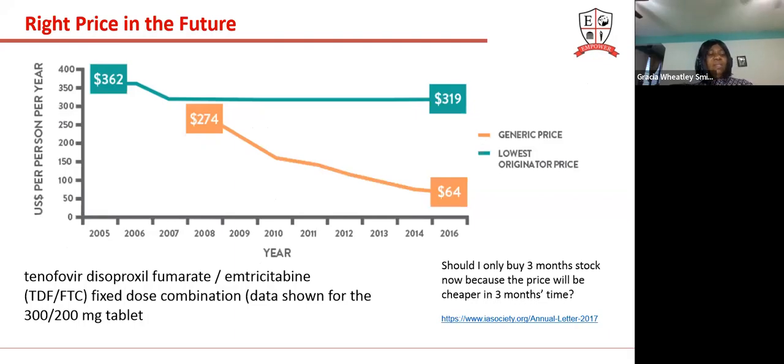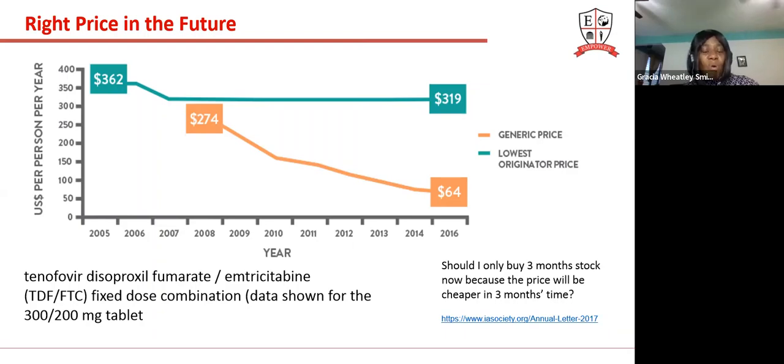We also need to consider the right price. Should we go with generic or brand? If we choose to go with brand, how much generic opportunity are we giving up to purchase so that we can reach more patients? As we know, the brand is expensive, whereas the generic can be half of the price, which means we can get twice as much pharmaceuticals.